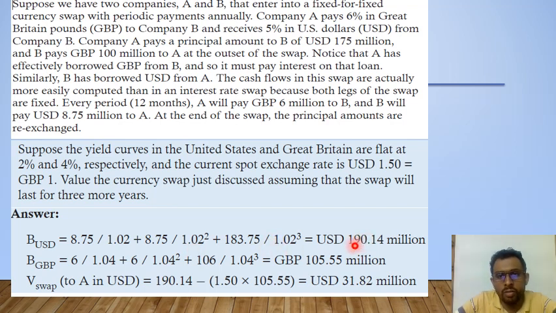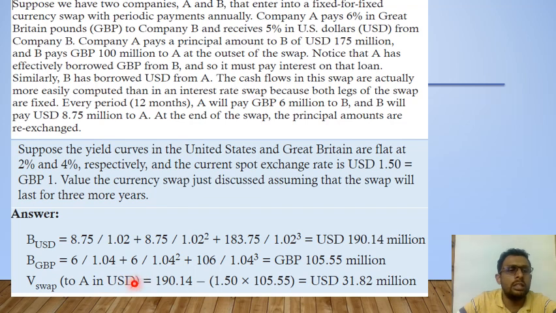This will give 190.14 million. So this is 8.75, and this is 175 million plus 8.75 million, which is 183.75 million. Discounted value will be 190 million closely. And GBP will be 6 million, discounted for 3 years, plus this 100 million GBP, which is discounted for the last year, which will give a GBP value of 105.55 million.